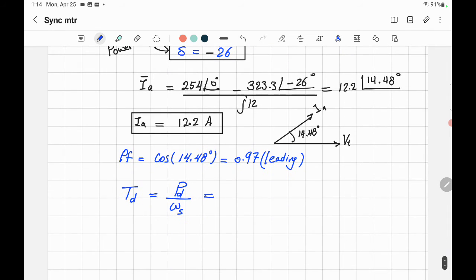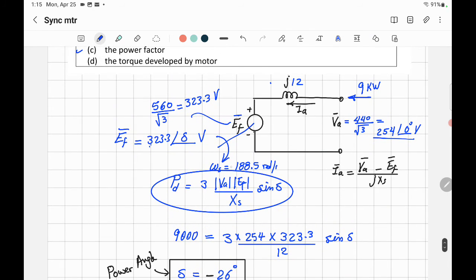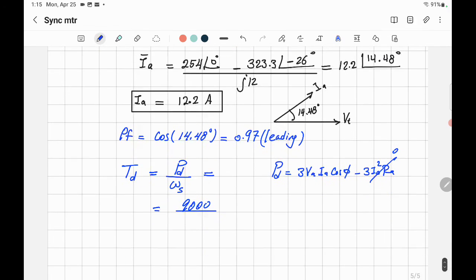Let me just remind you, PD is equal to 3 VA IA cosine phi minus the losses in the armature, but RA is neglected, so PD is the same as the input, 9 kilowatt. That's why I'm going to use it. So you have 9,000, and we'll divide it by omega s, which was given in the problem, 188.5, and you get the torque, which is equal to 47.75 Newton meter.